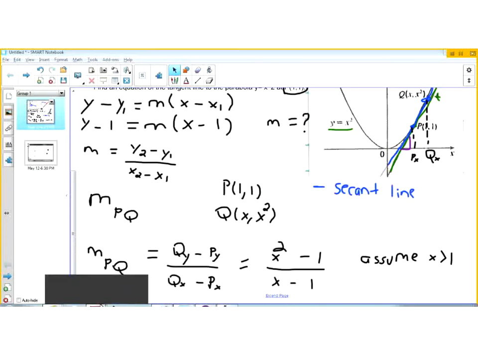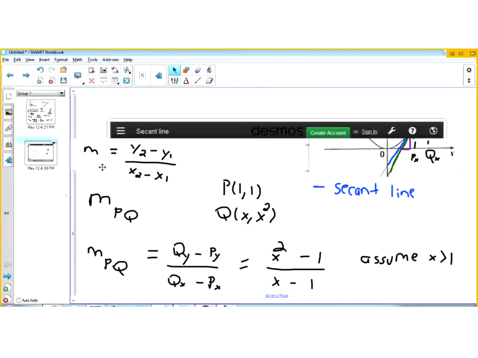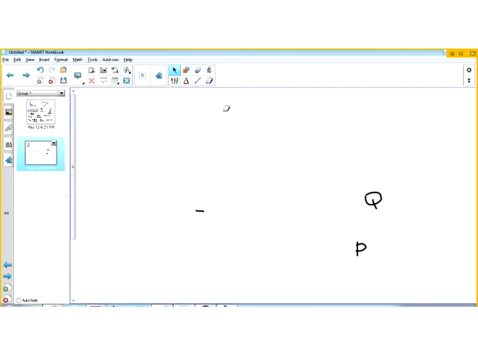Let me show you in the case of the parabola. Let me do a screenshot here. Okay, go to the next page. Let me get rid of this particular example, and let's put back in our parabolic example.